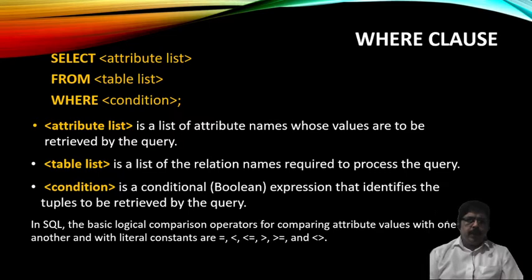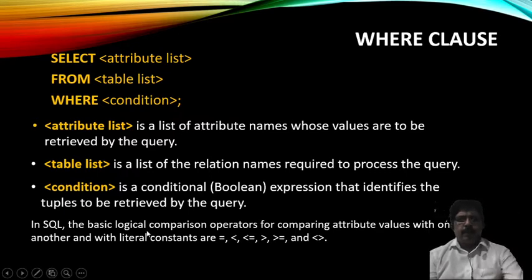And condition is a Boolean expression that defines the tuples to be retrieved by the query. In SQL, the basic logical comparison operators are used, such as equal to, less than or equal to, greater than or equal to, and not equal to. Like that you can use different logical comparison operators.